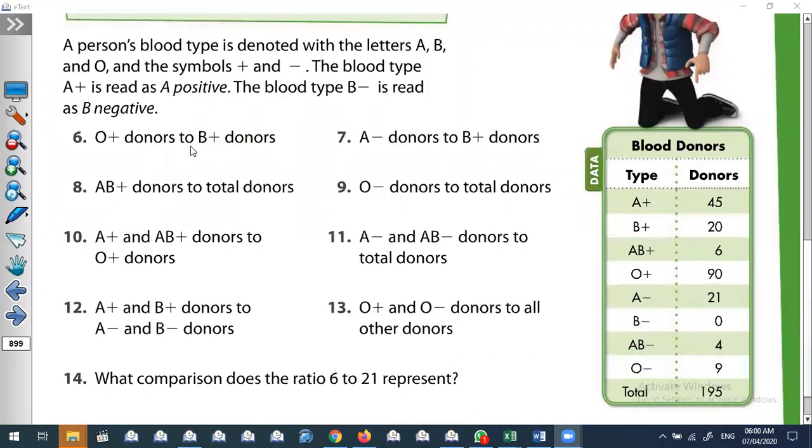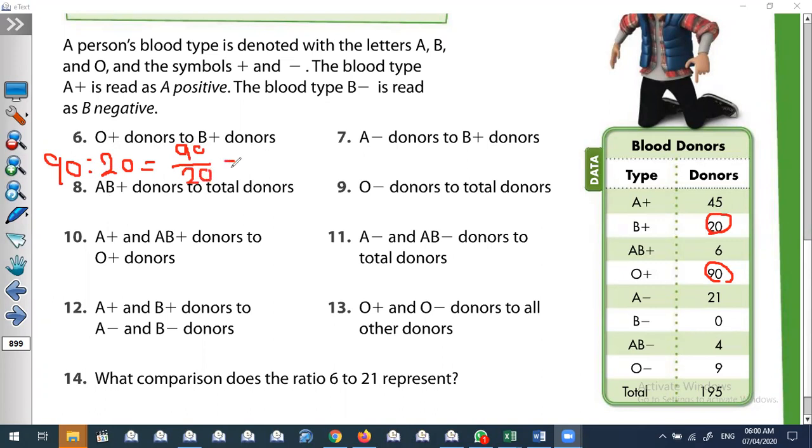The ratio between O positive donors to B positive. O positive here is 90. B positive is 20. So it will be 90 to 20. This is the first way. Or 90 over 20.